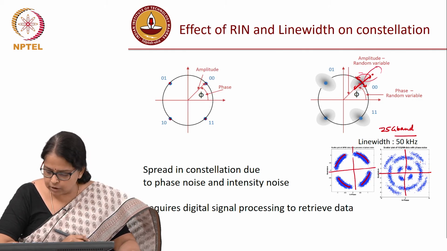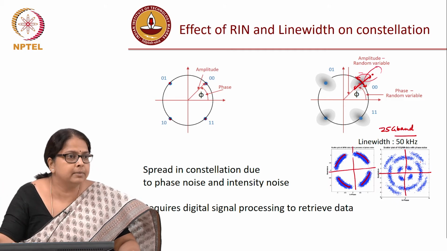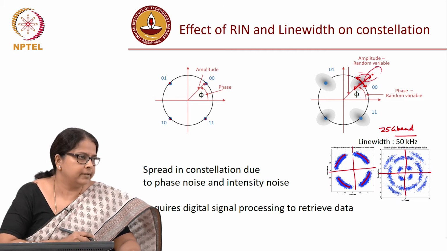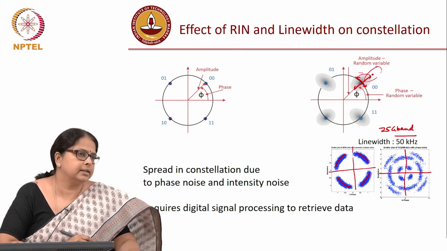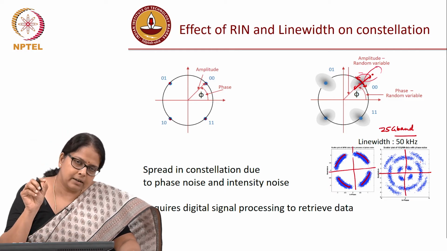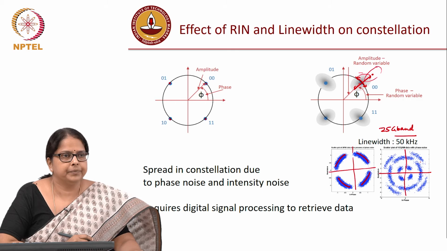What it would also mean is that it requires symbol to symbol digital signal processing to recover the phase. Later on, towards the end of the course, we will talk about some of these signal processing algorithms for compensating this phase. You can only compensate up to a certain extent; you cannot completely correct for what was wrong at the transmitter.